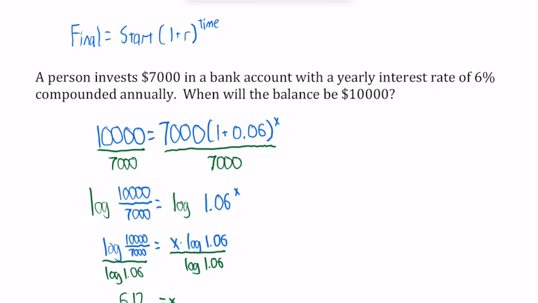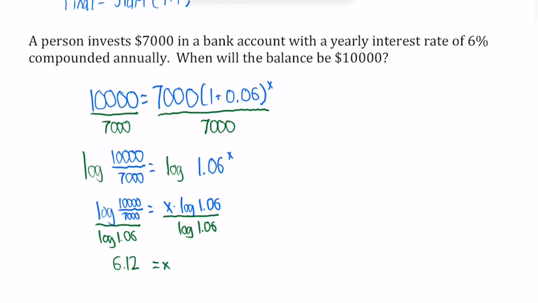So here, if we round that off to the nearest whole number, we would say that our time would be approximately 6 years to end up with that final value that we want.